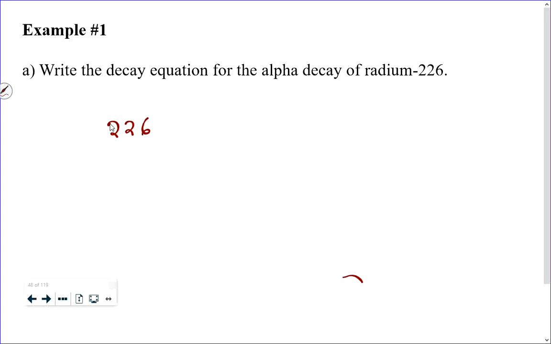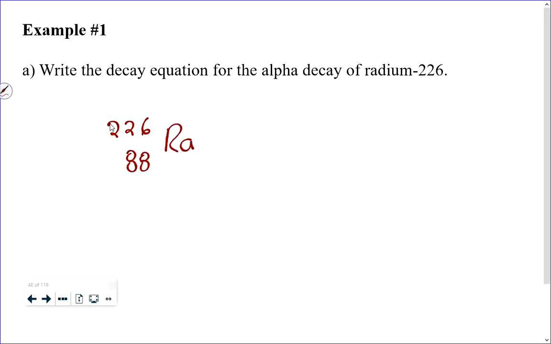Where is it? It's 88. Yeah, so it's on the left-hand side over here beside francium. I can't move this thing down right now. So it's number 88, and it's Ra.